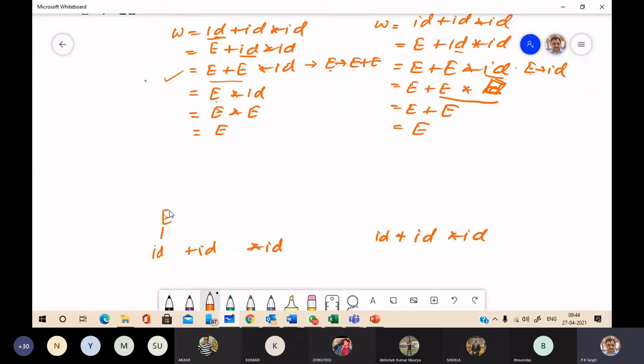ID is reduced to E, then this ID is reduced to E, then we have reduced E using this plus, then we reduce E, and this syntactic structure is produced by this bottom-up parsing.